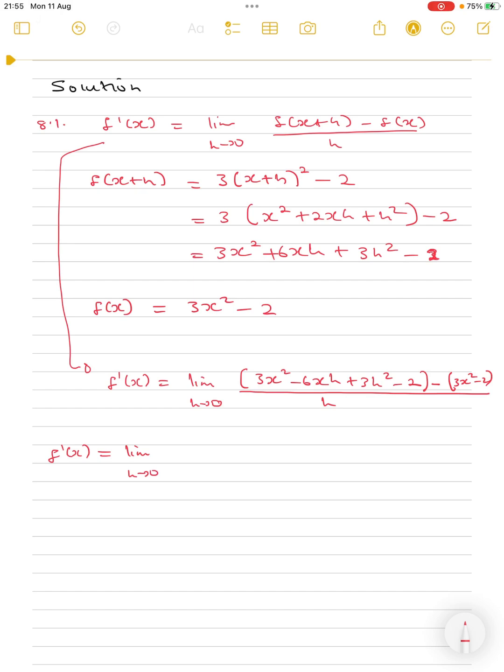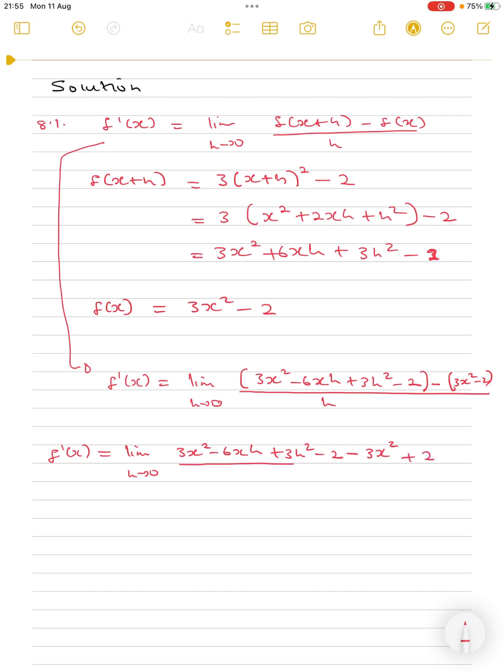So now you want to remove the bracket throughout. So you have 3x squared plus 6xh plus 3h squared minus 2 minus, so here we're multiplying, you want to get rid of this bracket, so we'll end up with minus 3x squared, this one times this one, plus 2.